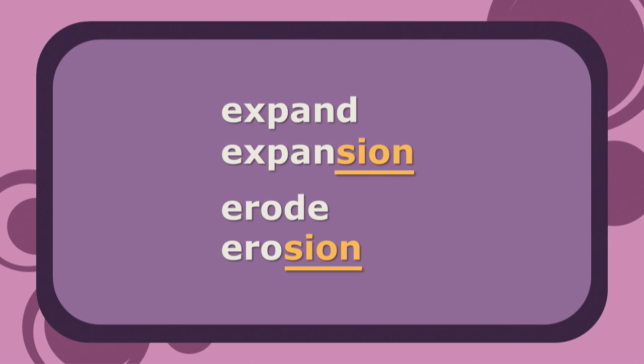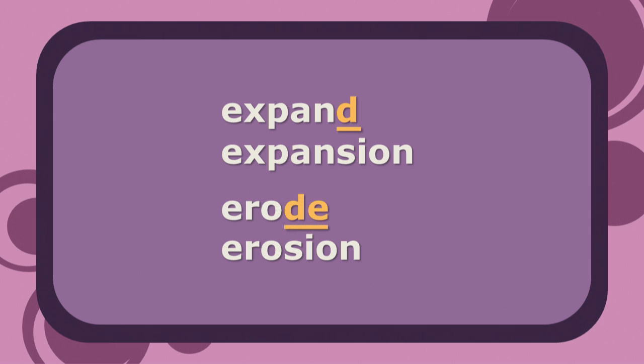All right, and again, the part of speech changed. Expand is a verb. Expansion is a noun. Erode is a verb. Erosion is a noun. Now, what spelling change was made to expand when the suffix was added? The final D was dropped. And what spelling change was made to erode when the suffix was added?